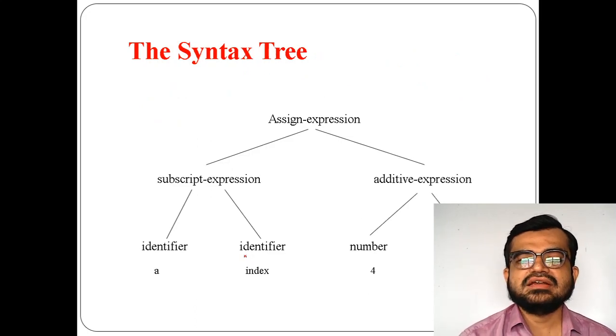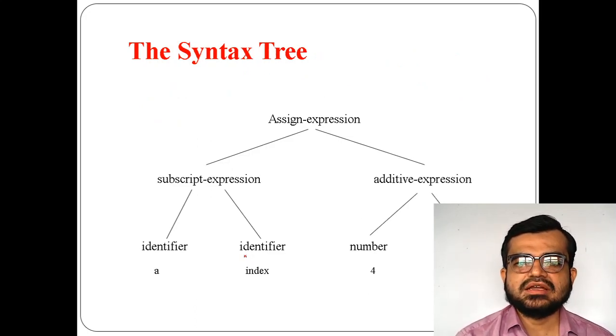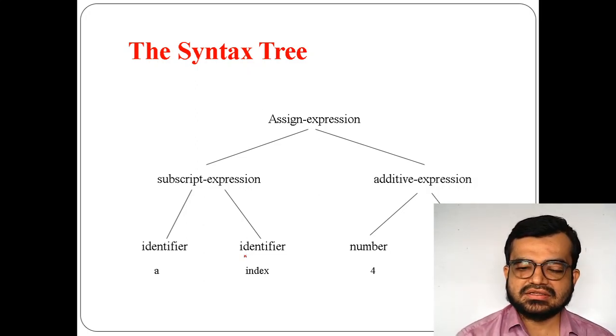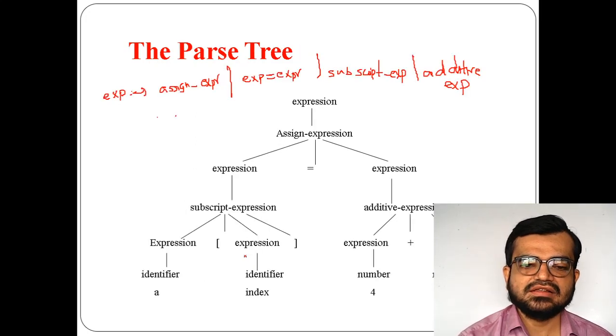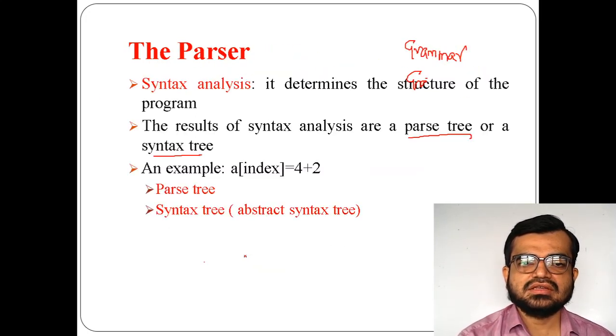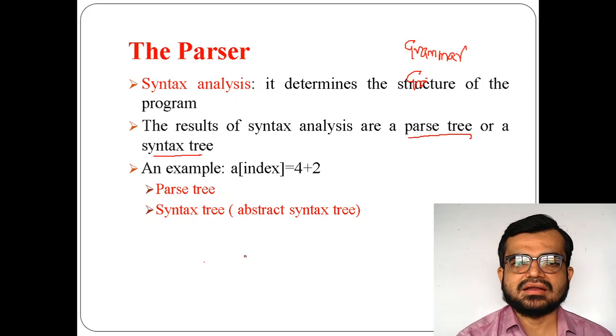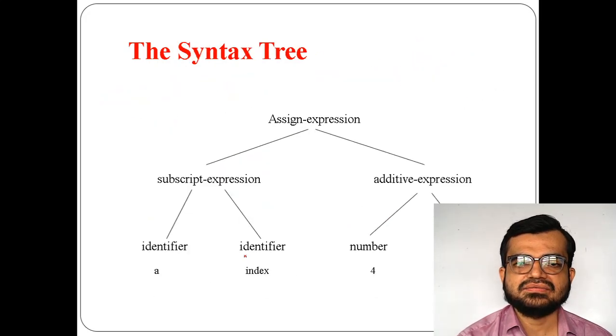In syntax tree you just have assignment expression which can give rise to subscript expression or additive expression. As you know, 4 plus 2 are both numbers, and a of index: index is an identifier, a is also an identifier. In that way syntax tree or parse tree works. Both of these are part of the parser, the syntax analysis phase.